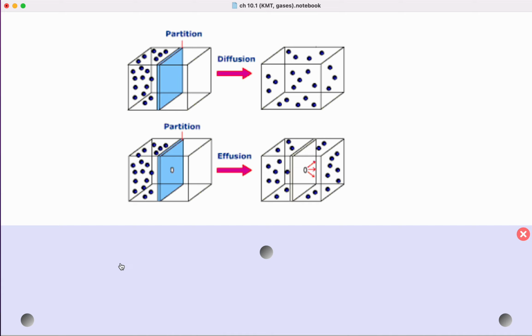In the top diagram, diffusion is very similar to expansion. When you remove the partition, the particles spread out to fill the container. Effusion is when you place a tiny pinhole in the partition, and the gas particles will eventually move through that tiny pinhole.